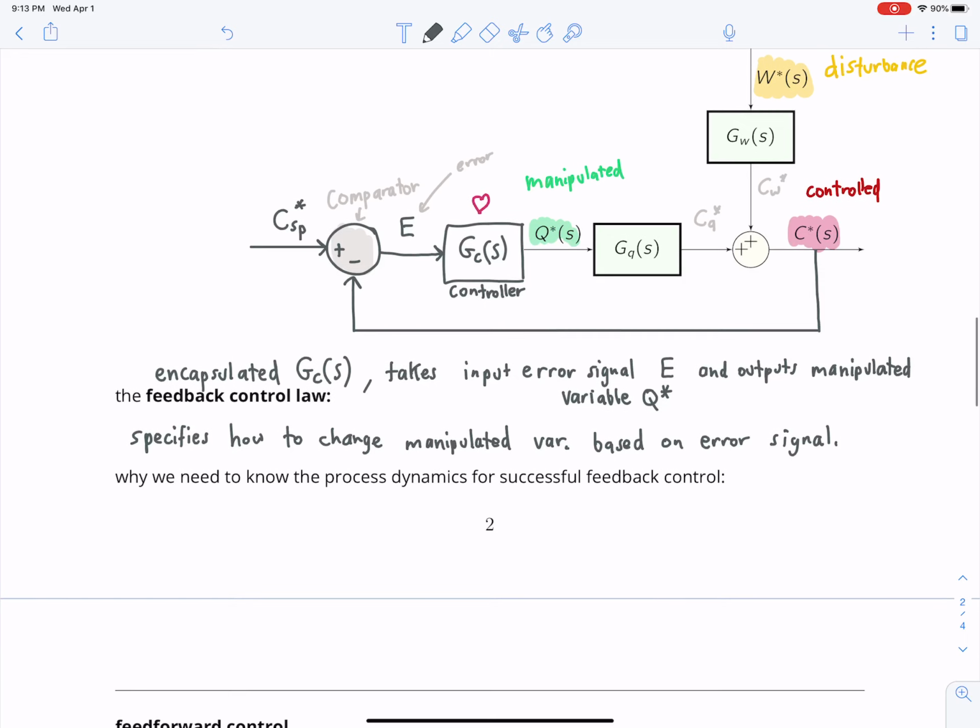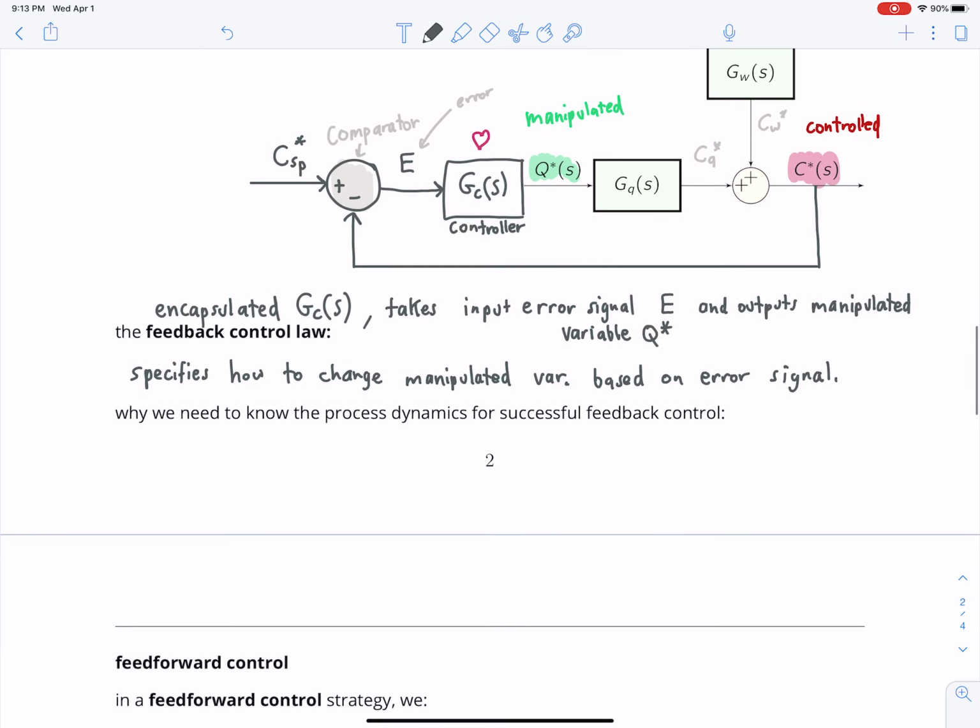And that's in PI control for integral. So it's really important to know process dynamics for successful feedback control so that we can design this control law to keep C of t near its set point.